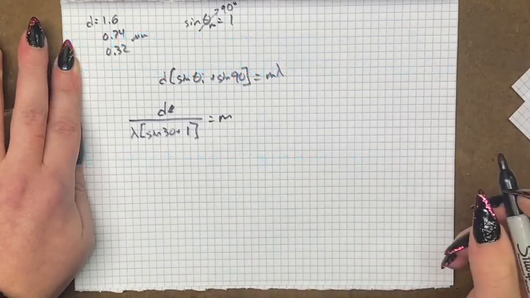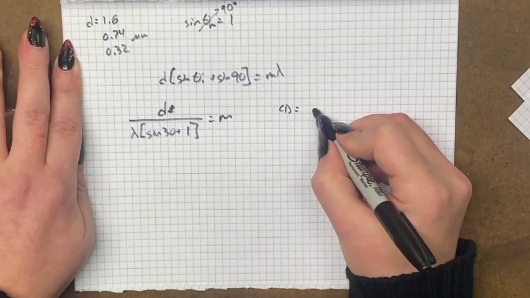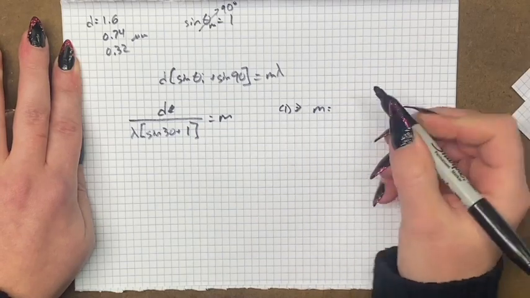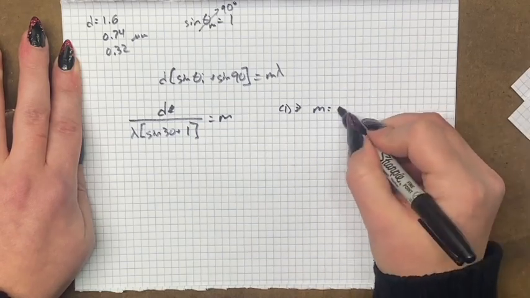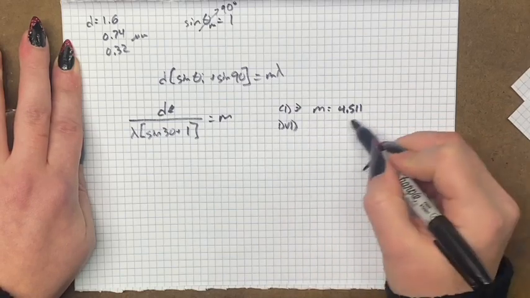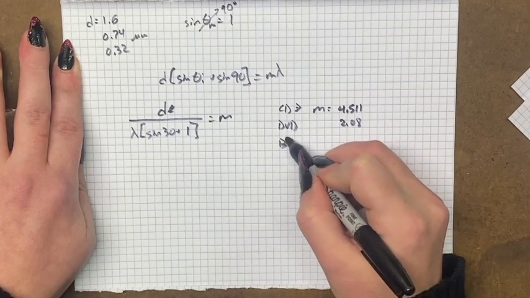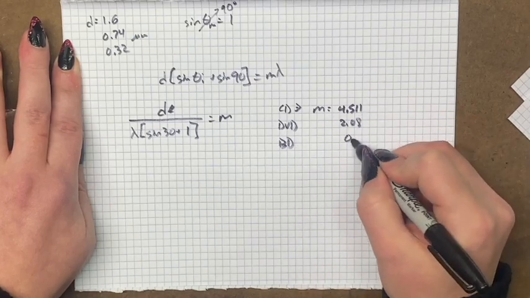Sorry about that. So in these cases, for the CD, I got m equal to 4.511. The DVD was 2.08, and the Blu-ray was 0.9.